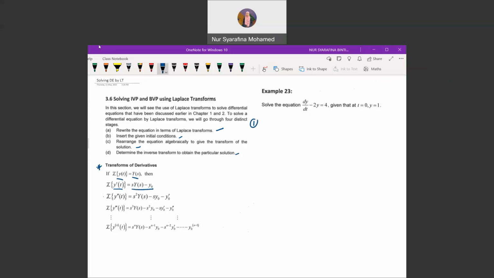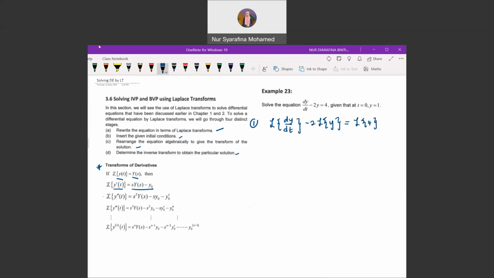So first step, we need to rewrite the equation in terms of Laplace. Means that we have to transform everything in the given equation. So we have here dy/dt, okay, and then we have the transform of 2y, put 2 outside because of the linearity property, and we transform 4 here.